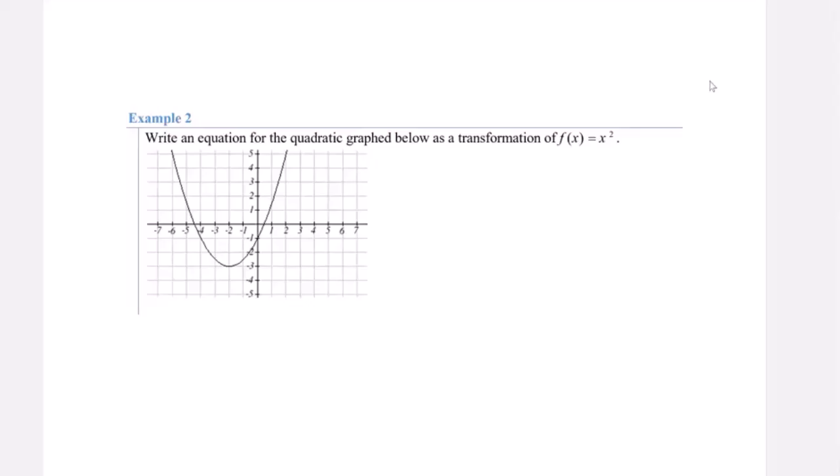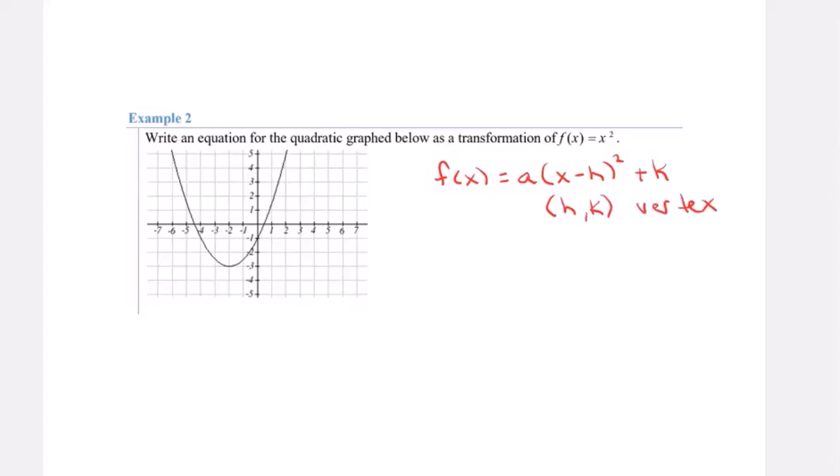All right, so now it says, write an equation for the quadratic graph below as a transformation of f of x equals x squared. Well, there's a few things we know. First, the easiest way for us to write this would be in vertex form, which is f of x is equal to a times x minus h squared plus k, again, where (h, k) is the vertex.